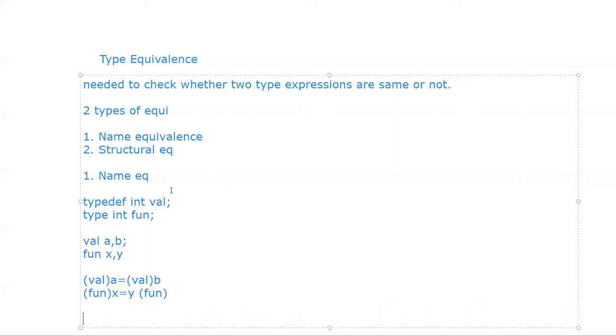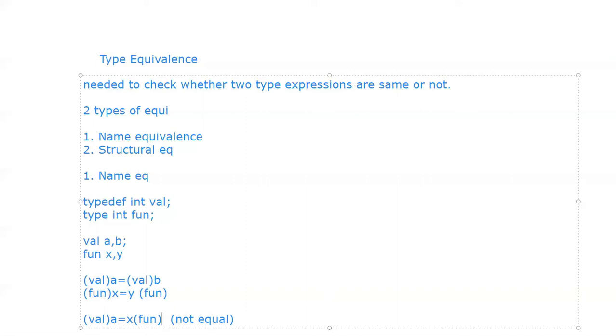But if I write A is equal to X, according to the name equivalence rule, these two expressions are not equal. Why? Because the data type by the name is val for A and fun for X. So according to the rule of name equivalence, the compiler will see that the data type name of A and the data type name of X are different.